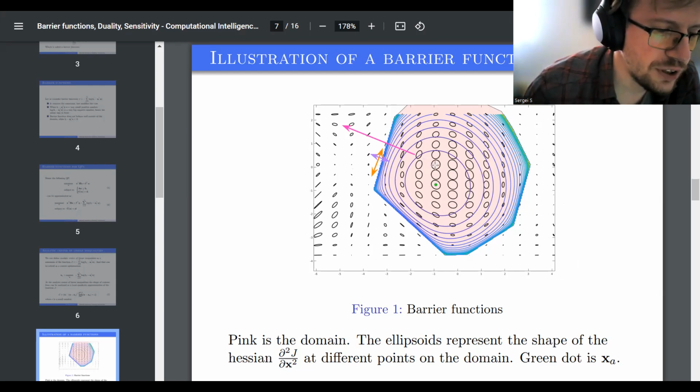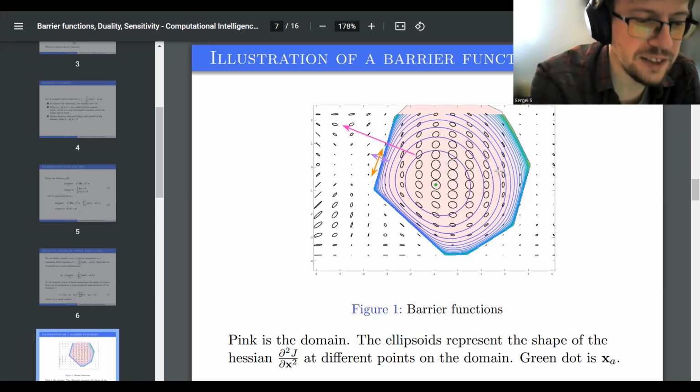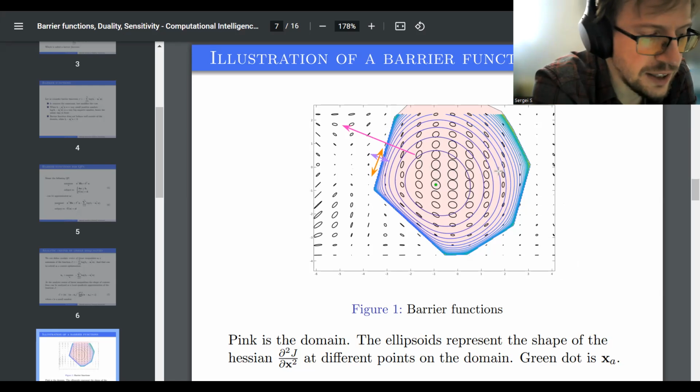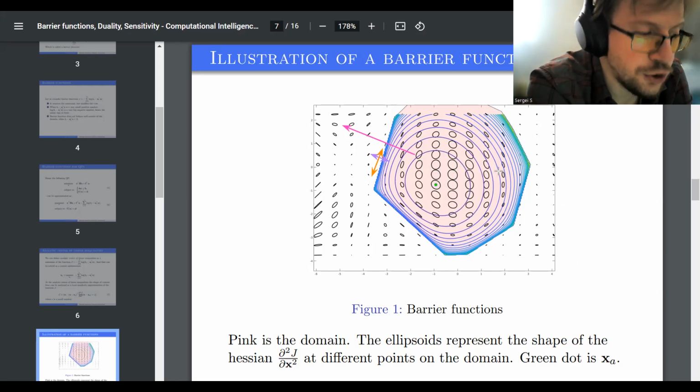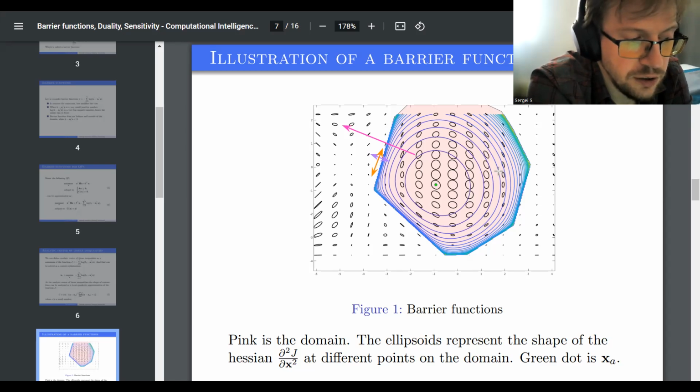But yeah. Also, importantly, if you want to analyze just how nicely your function behaves somewhere, let's say like here, in the interior, it's also useful to look at those Hessians. If they are roughly circular, that is a good sign. That means that at the interior, at least, your barrier function does not influence much the gradients of your solution.